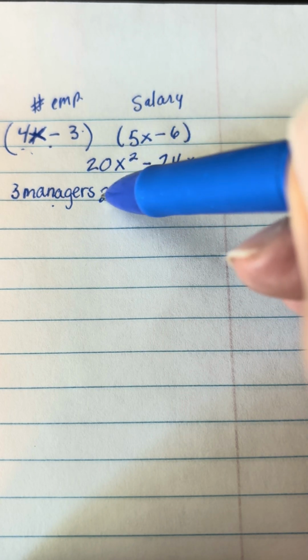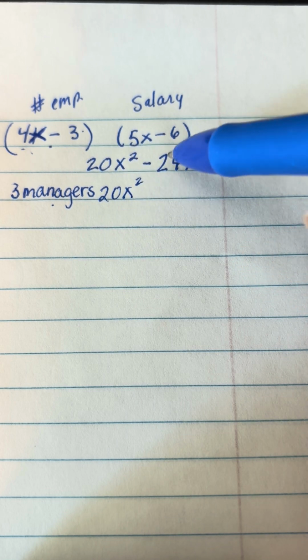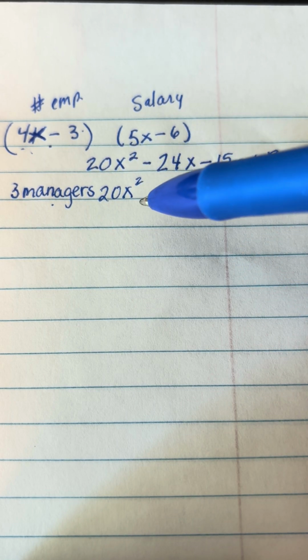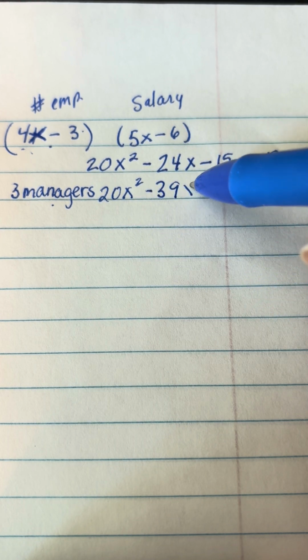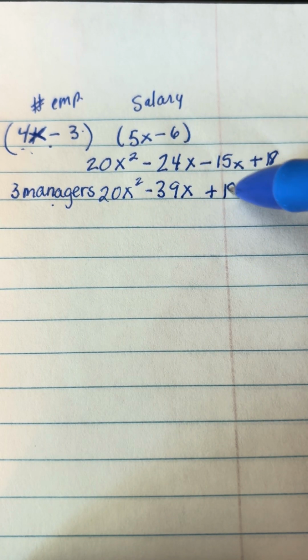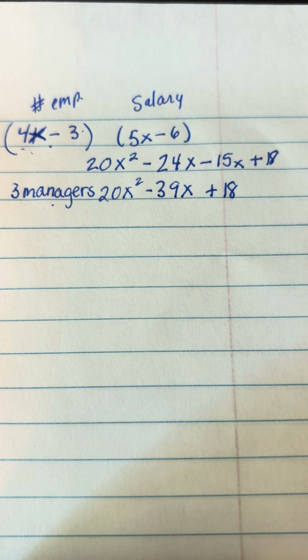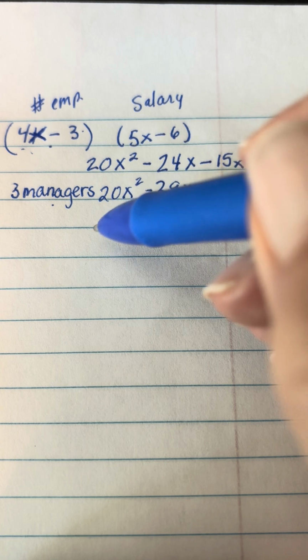Remember that you're going to combine the like terms in the middle. That's going to give you negative 39X plus 18. So when I looked at the answers in the book, that looks like for number 26, that's D.